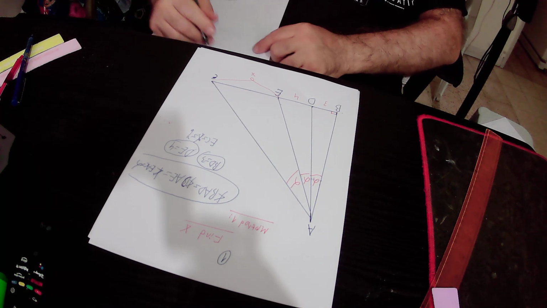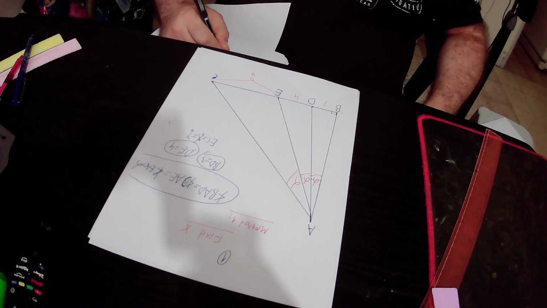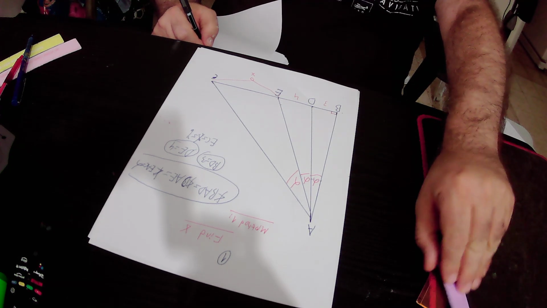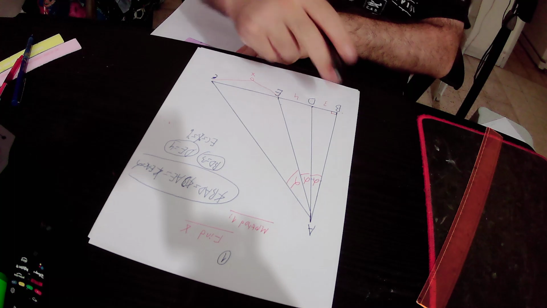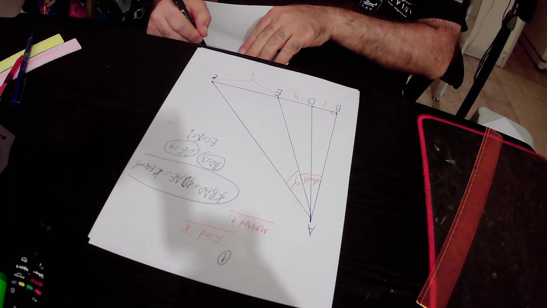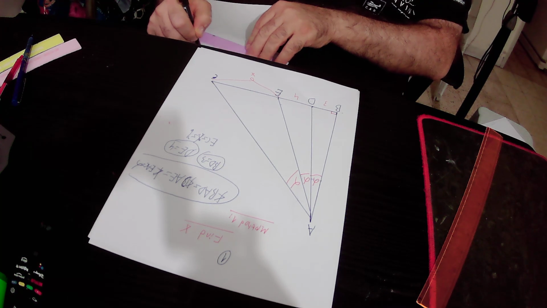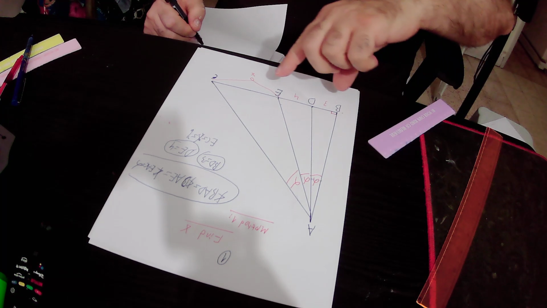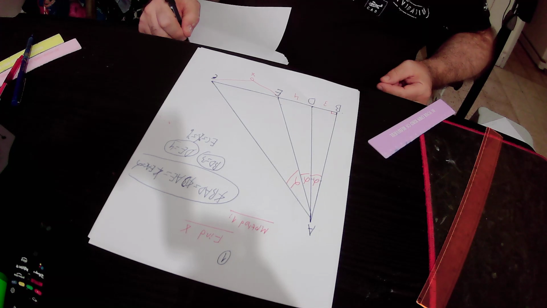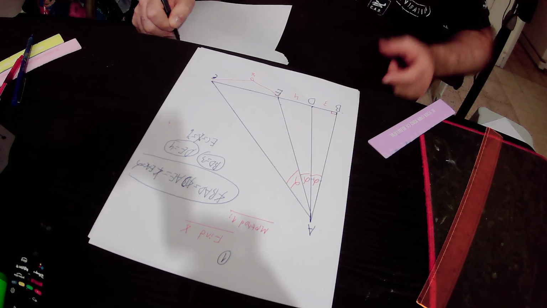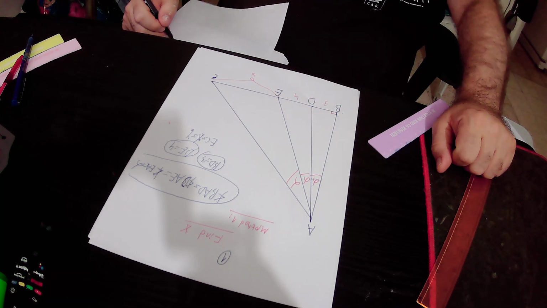So that is to say, in right triangle ABE, according to the Pythagorean theorem, AB square plus BE square must be equal to AE square.